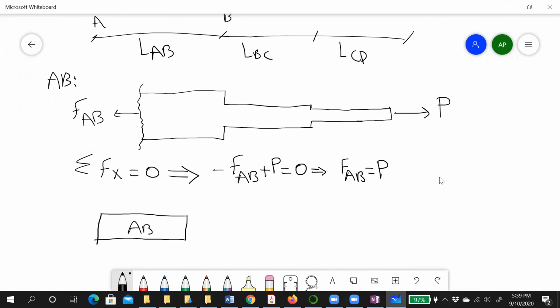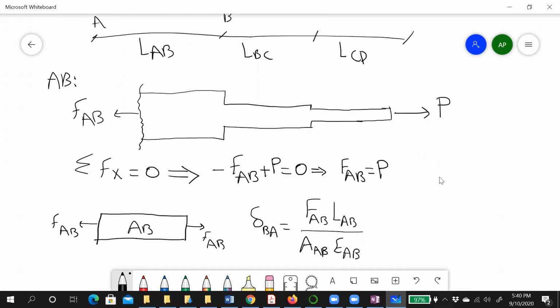Only segment AB is under the force FAB, and FAB equals P. Just for this segment, let's write the formula for elongation, delta AB. What's the formula? FL over AE, but let's put the index: FAB, LAB, AAB, and EAB.